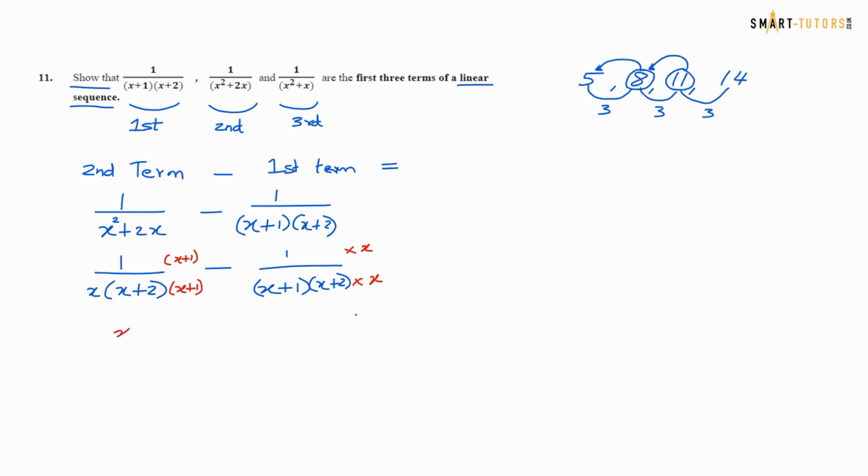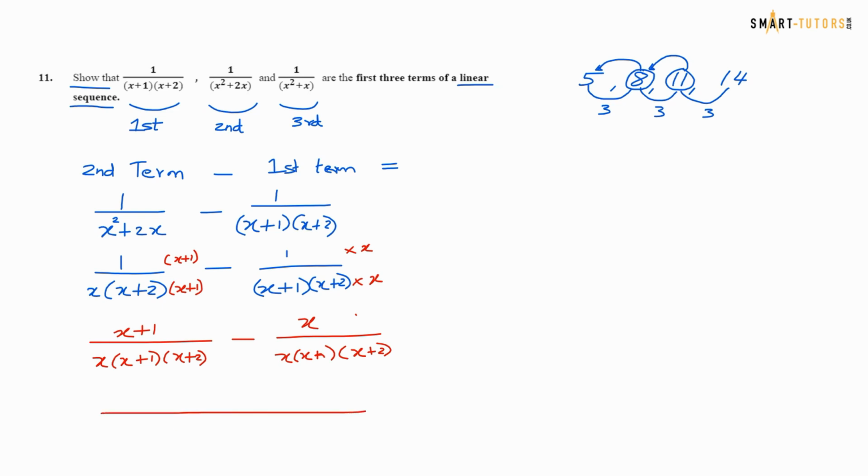So here I'm going to get x plus 1 over x(x plus 1)(x plus 2), minus here x over x(x plus 1)(x plus 2). So both denominators are the same now, x(x plus 1)(x plus 2).